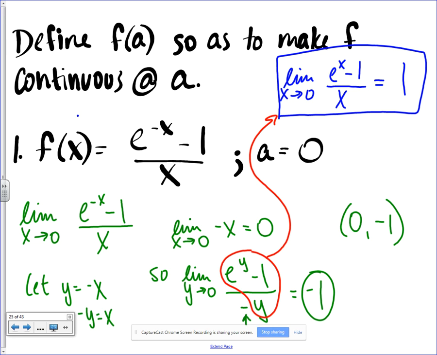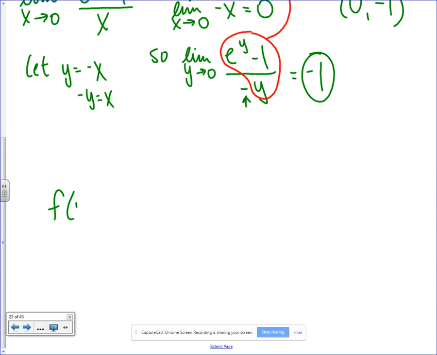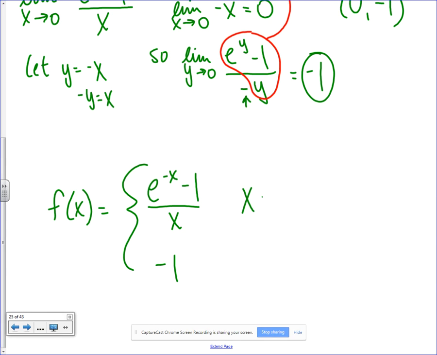Okay, so technically, if I want to rewrite this, I am going to make this into a piecewise function. There are my two pieces. I'm going to use the top piece if x is anything but 0, but I'm going to use the bottom piece if x is 0.